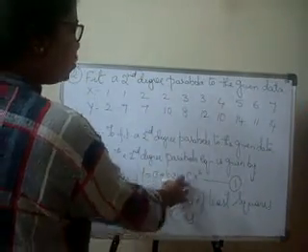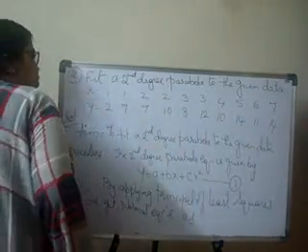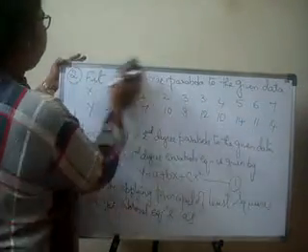There are three unknowns, so you are going to get three normal equations. Now how to write those normal equations? Let us see.